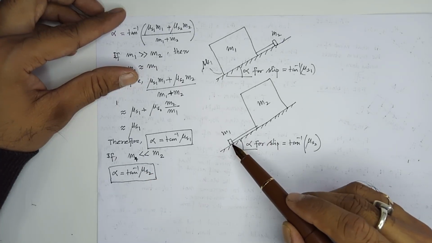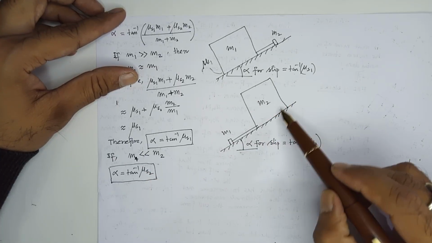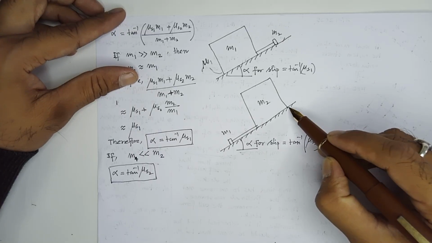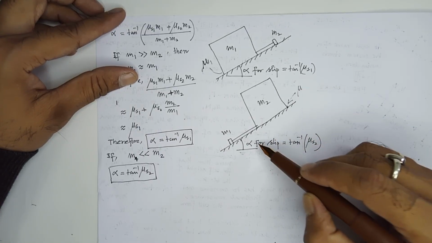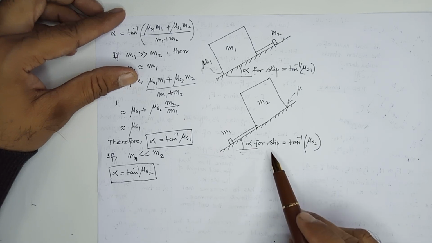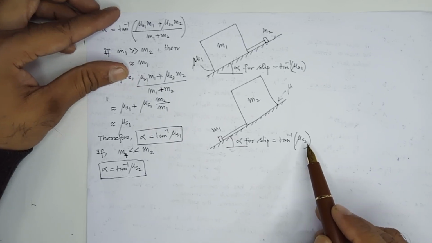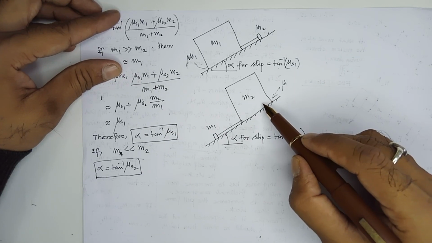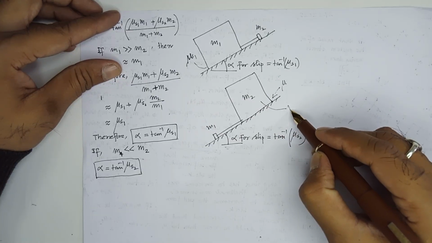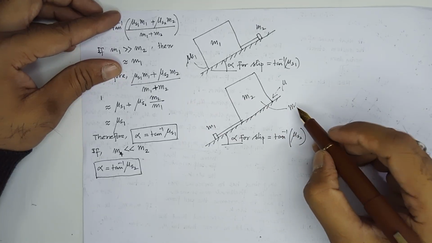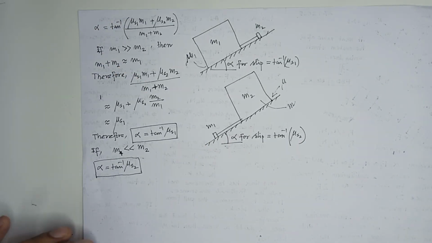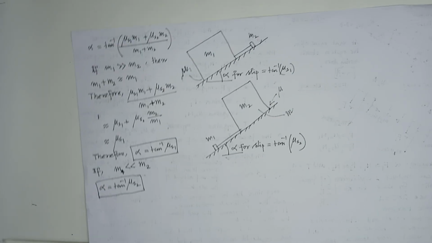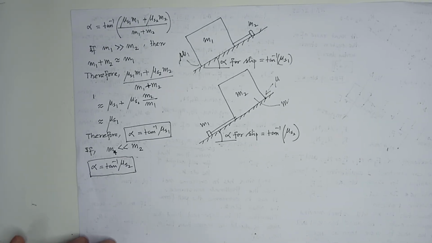That means when m1 is much smaller compared to m2, this object will start sliding when the angle alpha is equal to tan inverse mu s2. That means the condition for m2 will be dominating instead of an average. Okay, so that is the additional insight that I wanted to give you along with the solution.